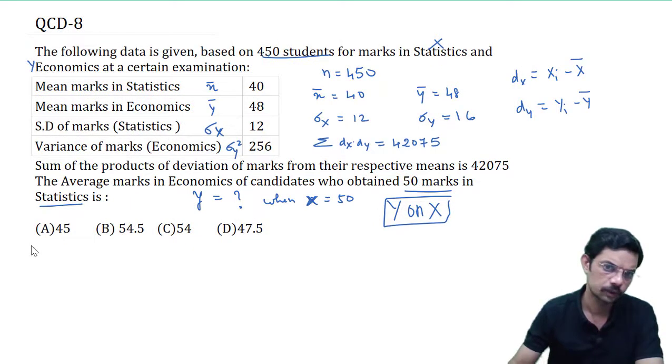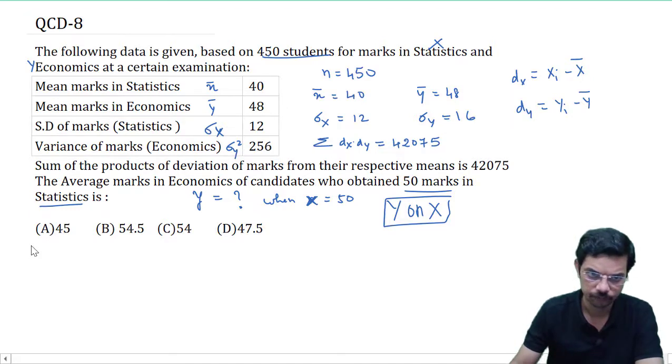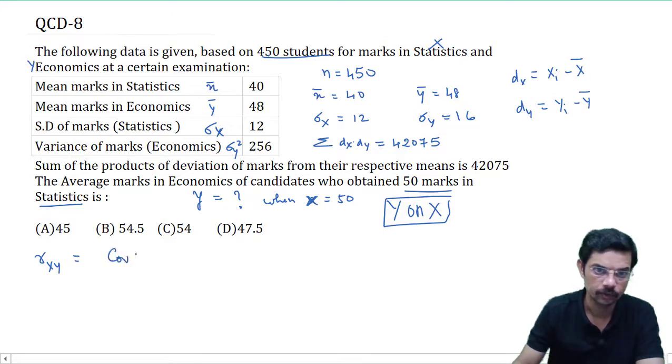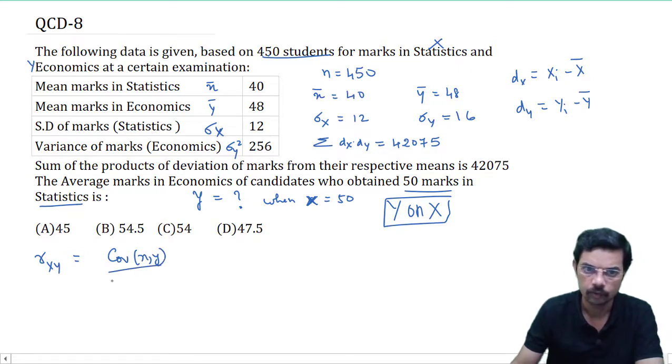For this, what we need first is the correlation coefficient r of xy. What is the formula to find rxy? It is equal to the covariance of x, y divided by sigma x into sigma y.